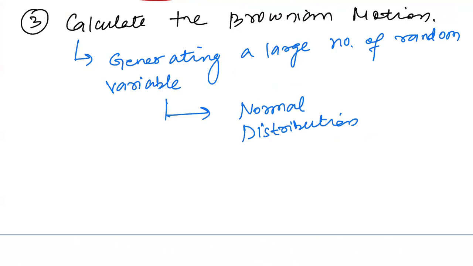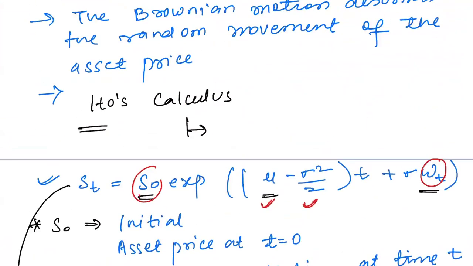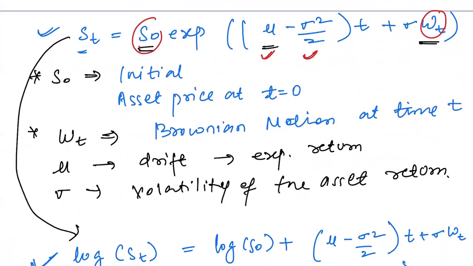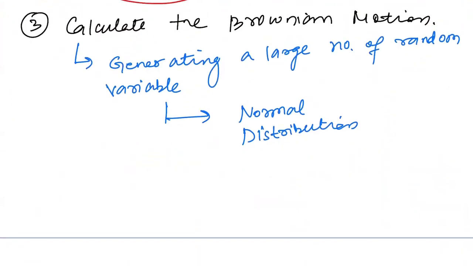So now we have all the components, right? So in that way, we can get the value of S_T. But there's one more catch in this. We always know that correlation is very important to integrate in your stock prices, because one stock can be correlated with a second stock.